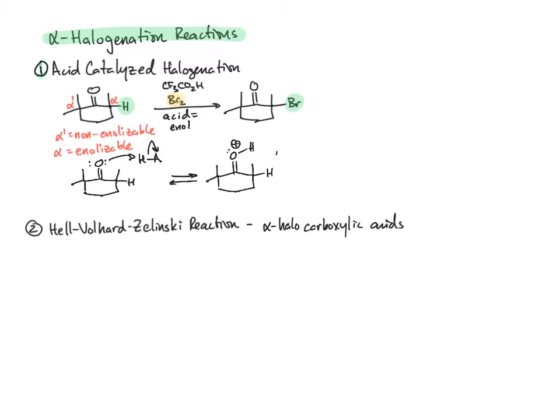So at this point, the conjugate base of our starting acid is going to deprotonate. So we're ending up with the enol. So that's an alkene bearing an alcohol.